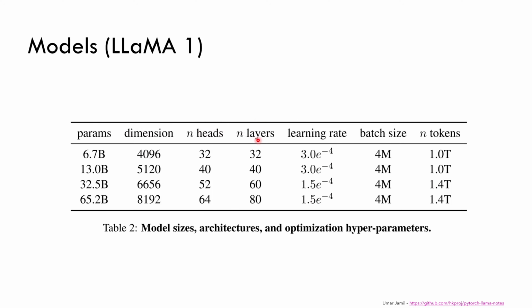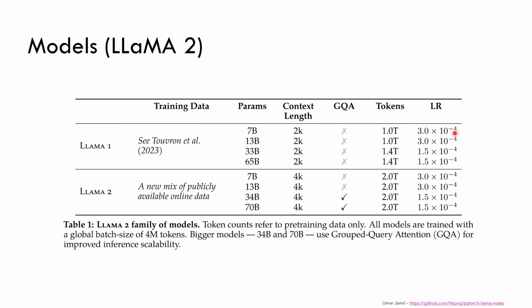The number of layers. If you remember from the original transformer, the dimension was 512, the number of heads was 8, and the number of layers, I think, was 6. And then we have the number of tokens each model was trained upon, so 1 trillion and 1.4 trillion. With LLaMA 2, most of the numbers have doubled. The context length is basically the sequence length, so the longest sequence the model can be fed.